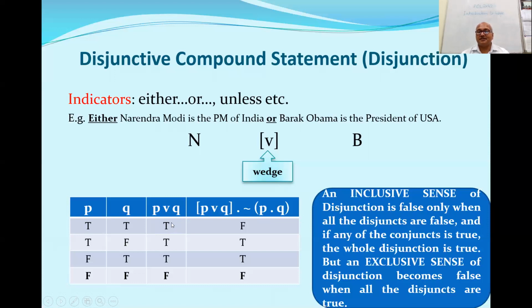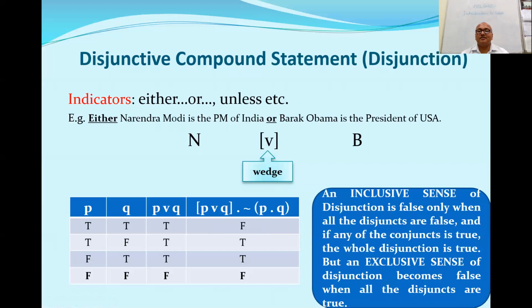But in the case of shirts and plates, if you take both, you cannot just go away by paying 100 rupees, right? So to clarify that kind of disjunction further, we call it the exclusive sense of disjunction. And we add that either you purchase 3 shirts or you purchase 4 plates, you will have to pay 100 rupees.